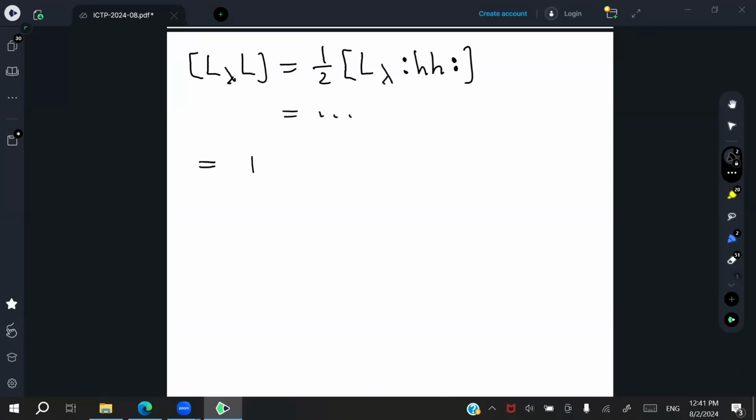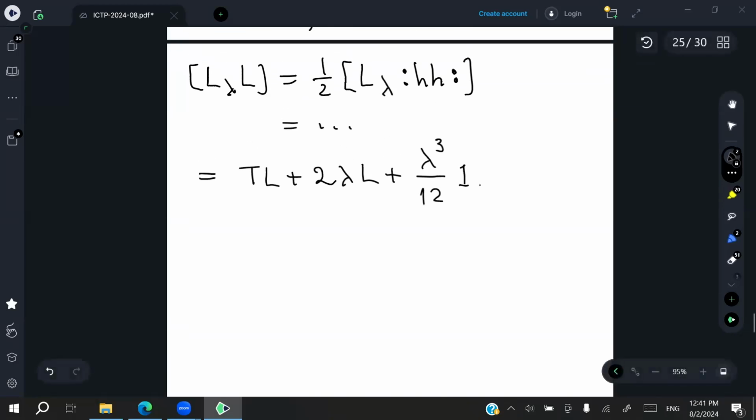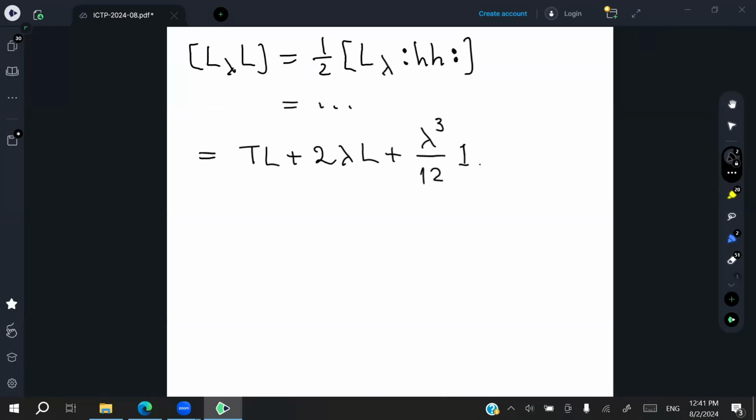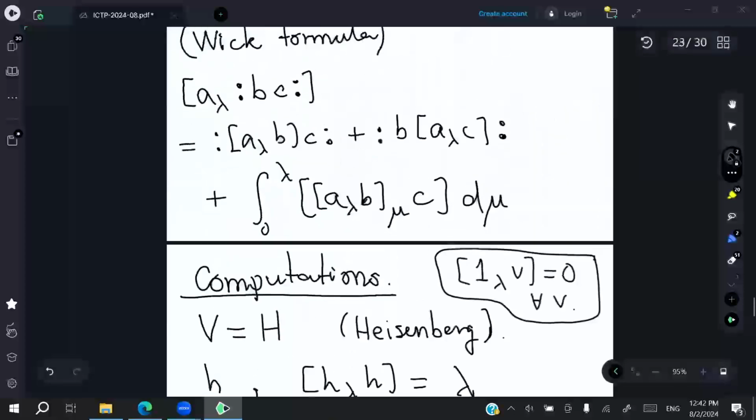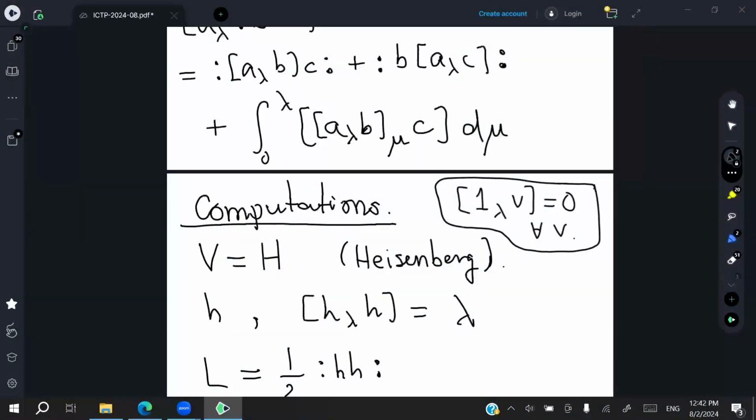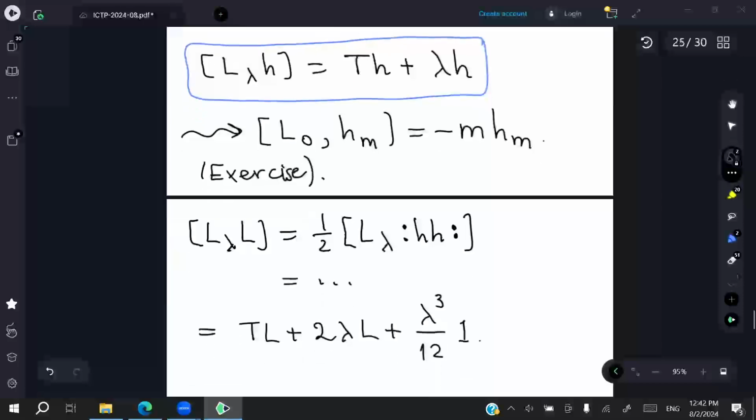What you'll discover is that one gets TL plus 2 times lambda L plus lambda cubed over 12 times our unit field. And this 12, I guess it's as mysterious as it ever was, but somehow it appears in this case from this integral: a lambda multiplied by a mu squared appeared, and there was also a half coming from the definition of L, and then integrating the mu squared gave a 1 over 3, and somehow eventually this 1 over 12 appeared.